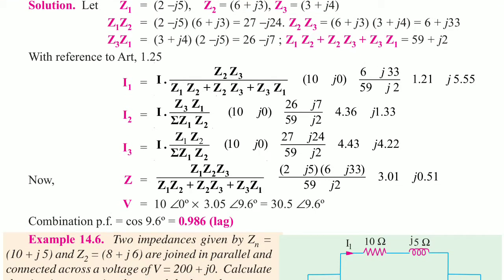Here now the Zs are in parallel. That means Z equals Z1 Z2 Z3 divided by Z1 Z2 plus Z2 Z3 plus Z3 Z1.